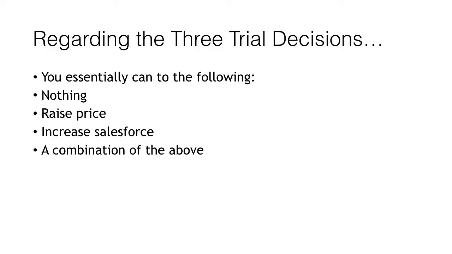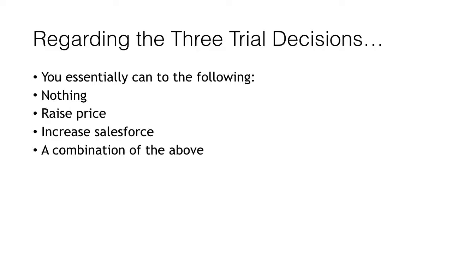So essentially, you can do the following in these three practice things. You want to set it up as an experiment, because you can do advertising and you can do more advertising. You can increase salespeople, and or you can increase the price.